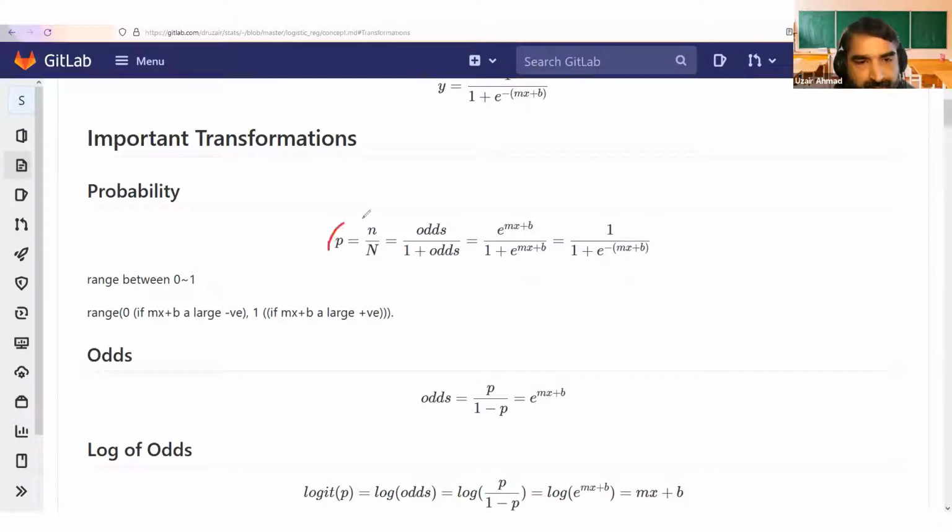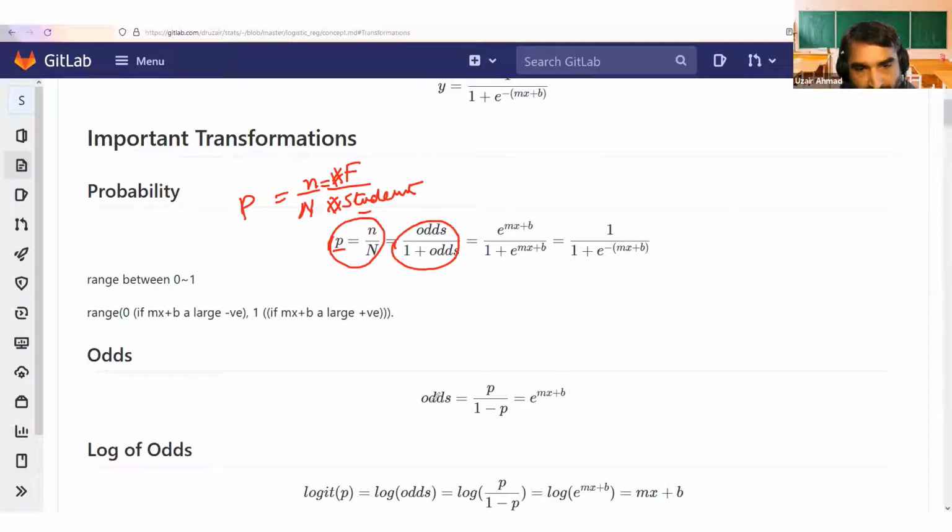For the probability, we all know that it is about number of times we want to observe an event of interest, let's say number of females in school divided by total students, will give us the probability of female in school, which is represented by P. Now, this can also be represented using this equation, odds divided by 1 plus odds.